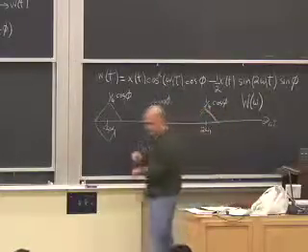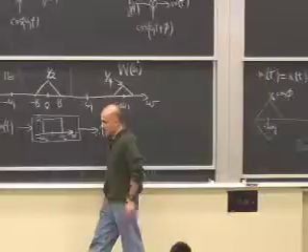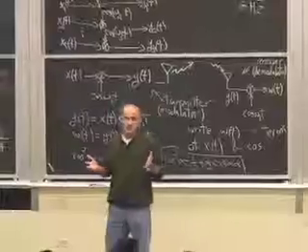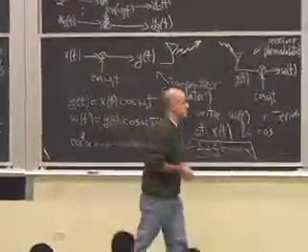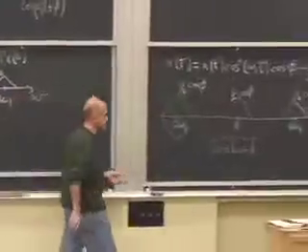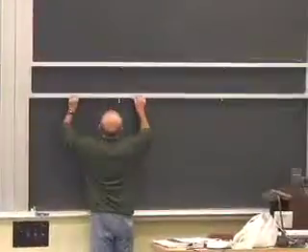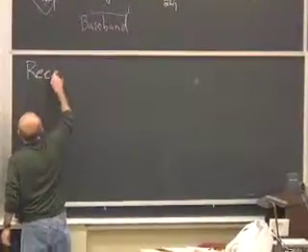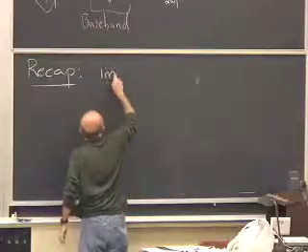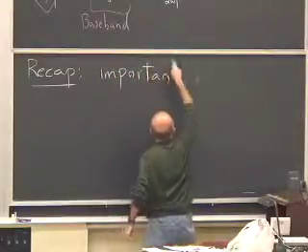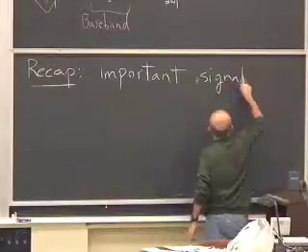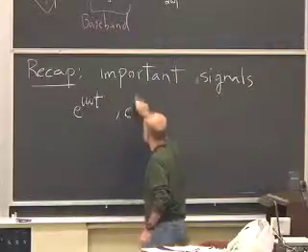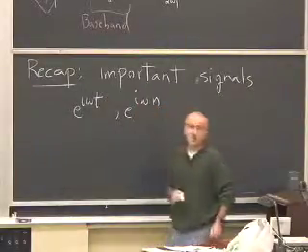So let's recap what we've been doing for the past few lectures. I told you there are some signals that are very important in everything we do in this class and in signal processing in general. Those signals were e to the i omega t and its discrete time counterpart.